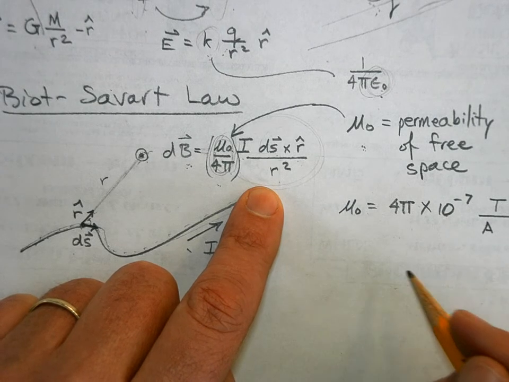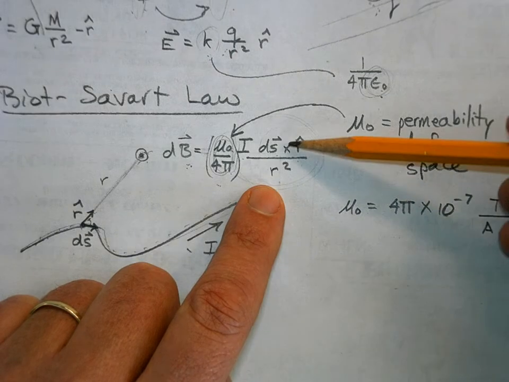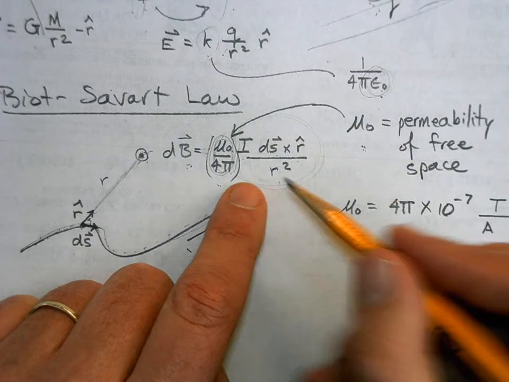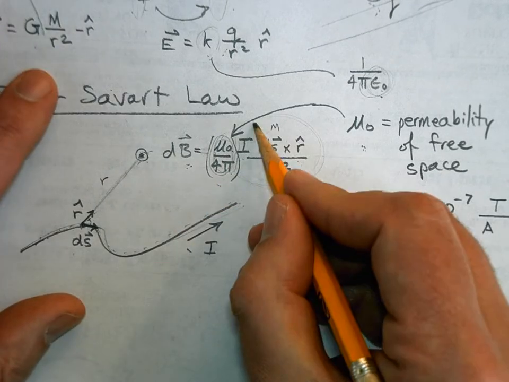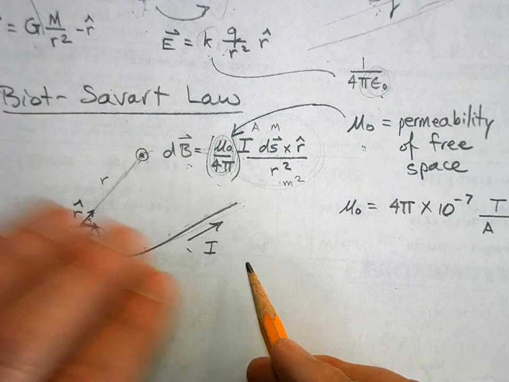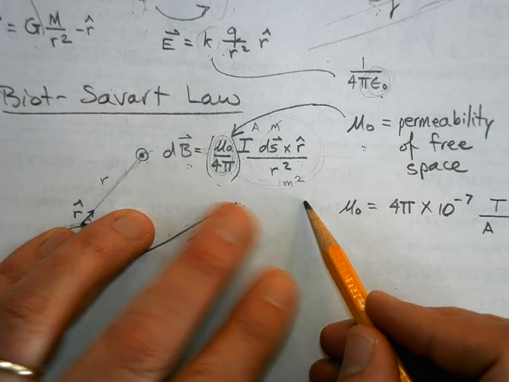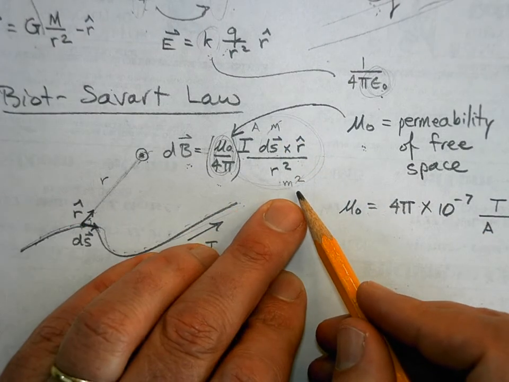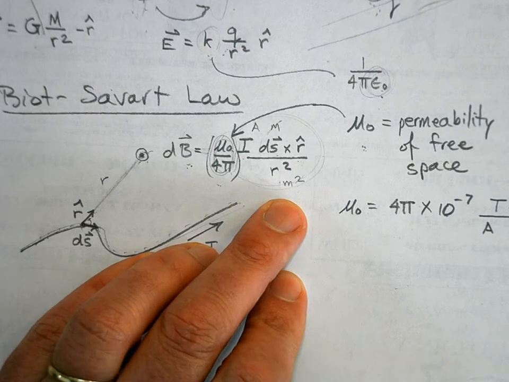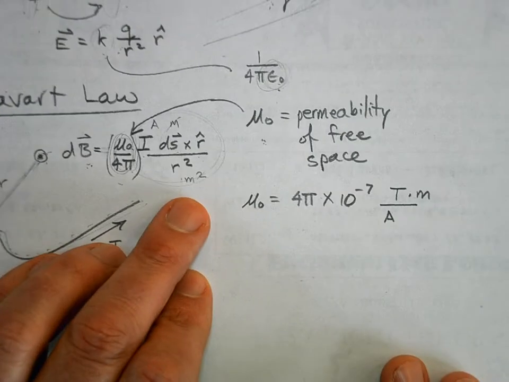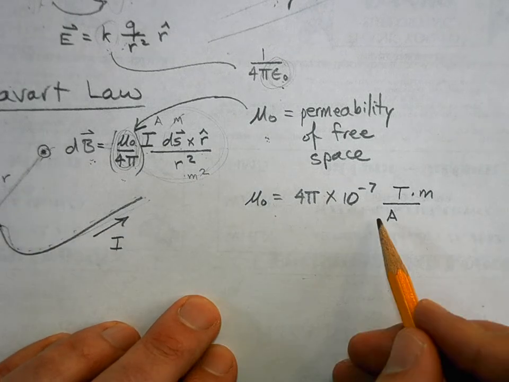I've got meters right here, and I've got meters squared down there, and I've got amps right here, and I want to end up with Teslas. So this will cancel that, and I want to get rid of that 1 over meters, so I have to have a meter on the top. Oh, sorry. So mu naught has the following units: Tesla meters per amp.